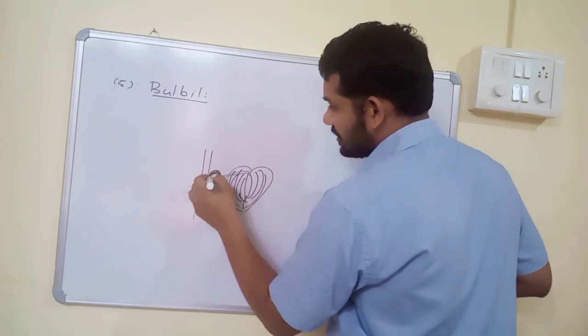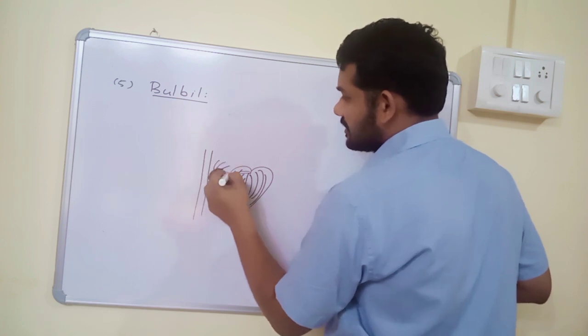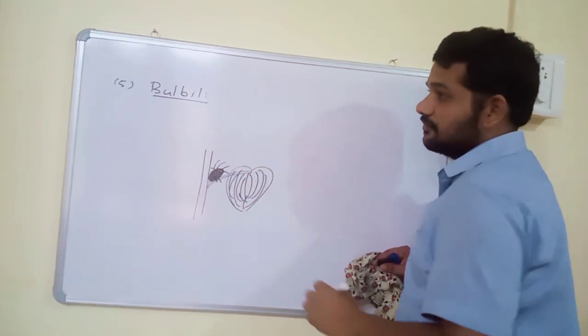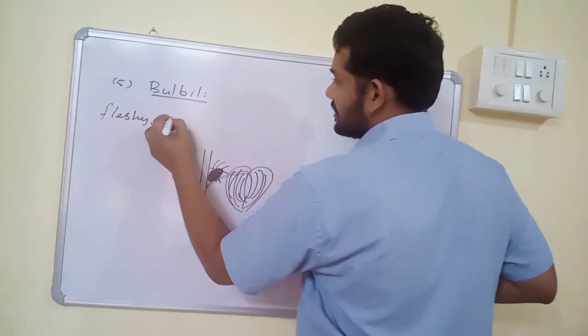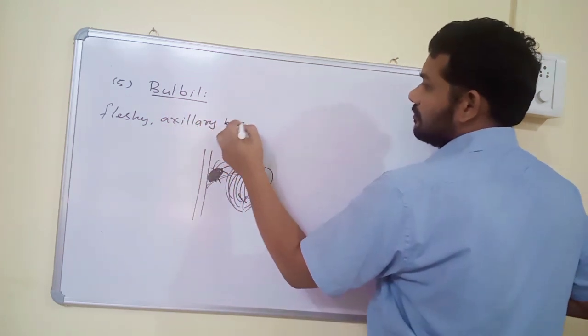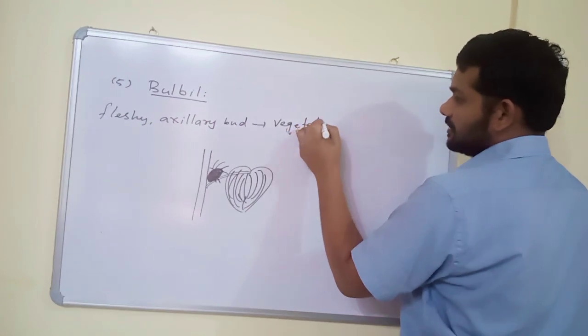So this is the axillary region. The axillary region bears an auxiliary bud. In some cases, the auxiliary bud stores the food material and becomes a fleshy auxiliary bud, which takes part in vegetative propagation.